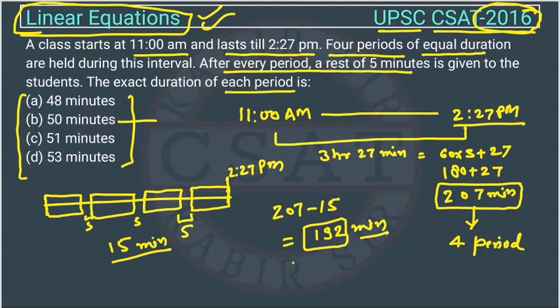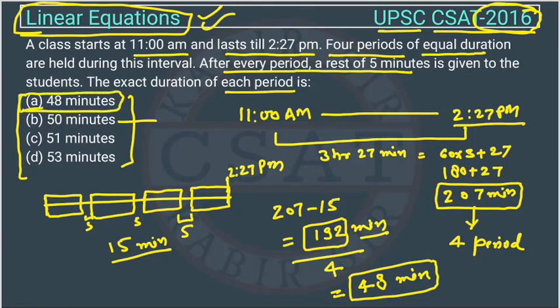So we will just divide it by 4. 4 4s are 16, 3 is remaining, 4 8s are 32. So 48 minutes. Every period will be of 48 minutes, right? So the answer is option A. This was an easy question, but we just need to understand that we have to make an equation on the basis of the information given and we will get the answer, right?